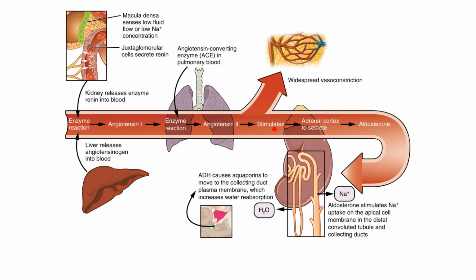It stimulates widespread vasoconstriction, because remember, renin was released when blood pressure went down. So renin is going to try to get blood pressure back up to normal, or unfortunately higher than normal in some cases, but I'll just say normal for now.